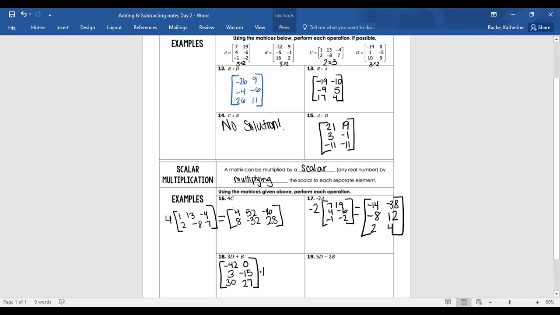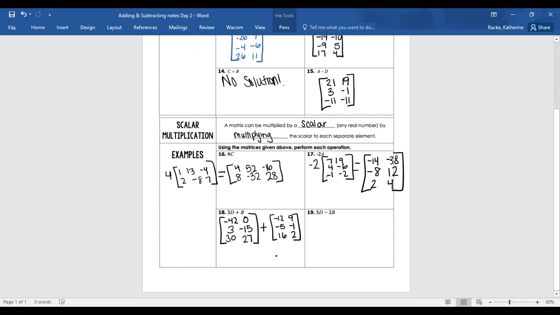So that's 3D. Now let's go ahead and rewrite B. And they are still the same matrix, 3 by 2 for each. Just copying down B from above. Now I'm just going to add these two together.